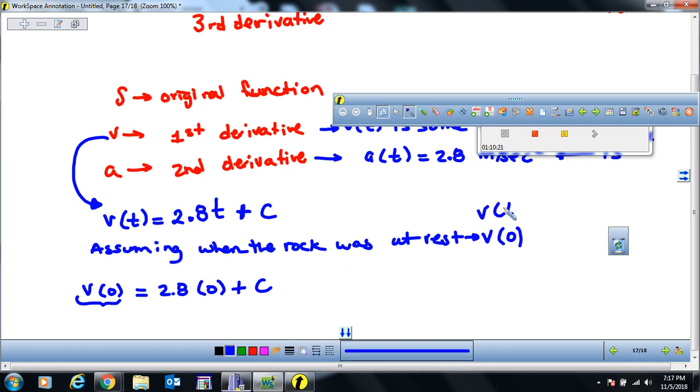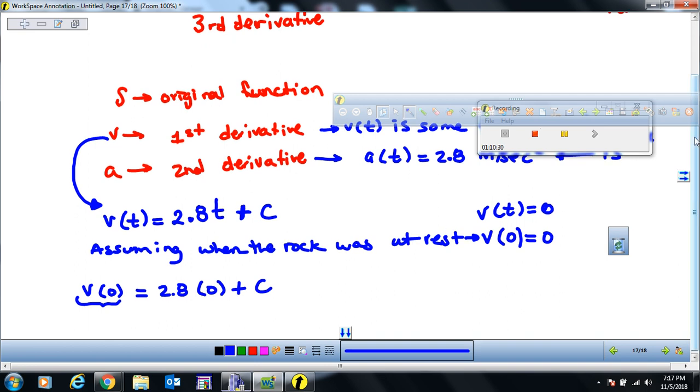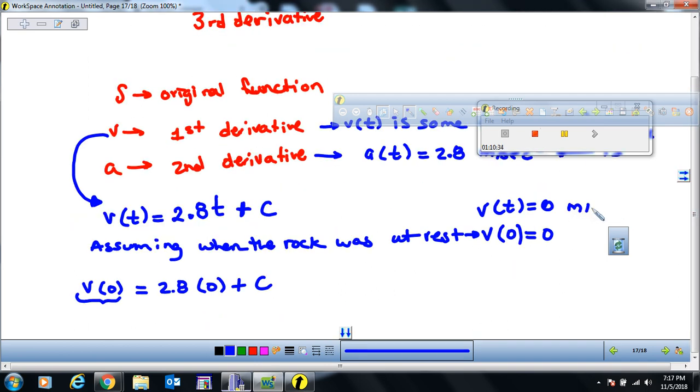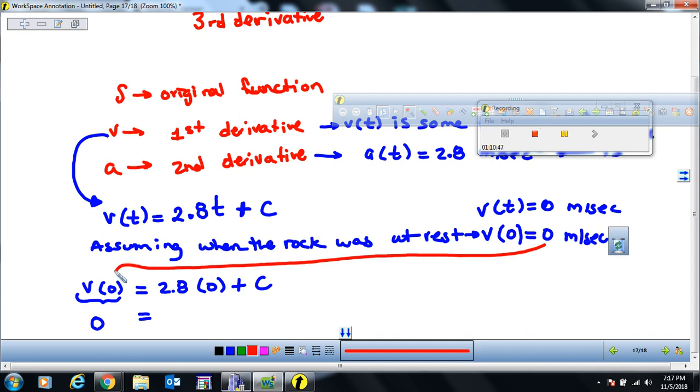Because this is like saying v of t, when the time is 0, the velocity was 0 meters per second. Yes, meters per second. Time is 0, the velocity is 0 meters per second. So that's why here we put 0. So then c is equal to 0.